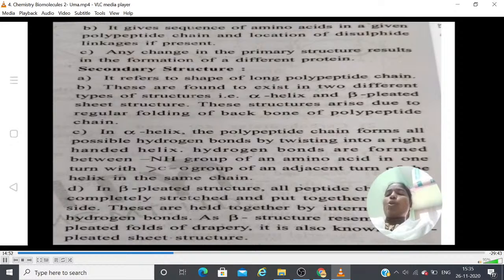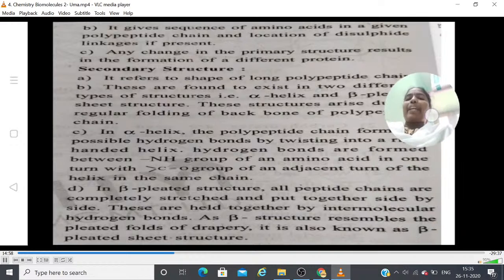Go to the second one, beta pleated sheet structure. In beta pleated structure, all peptide chains are completely stretched and put together side by side.